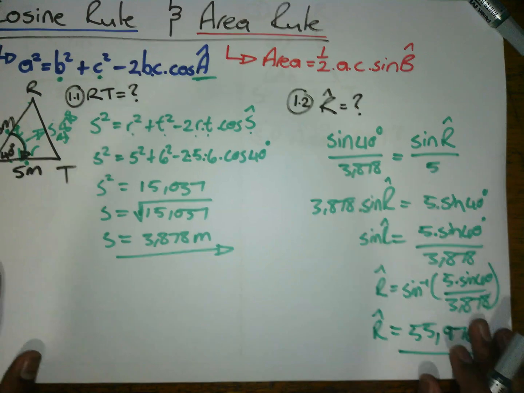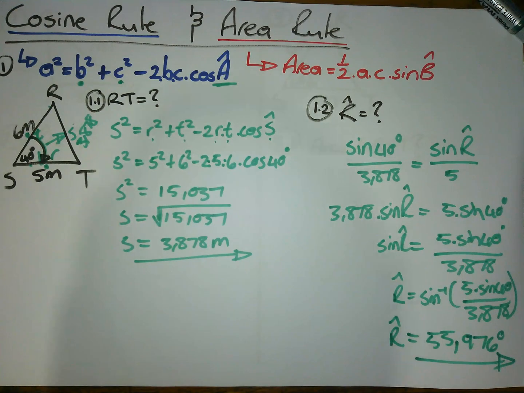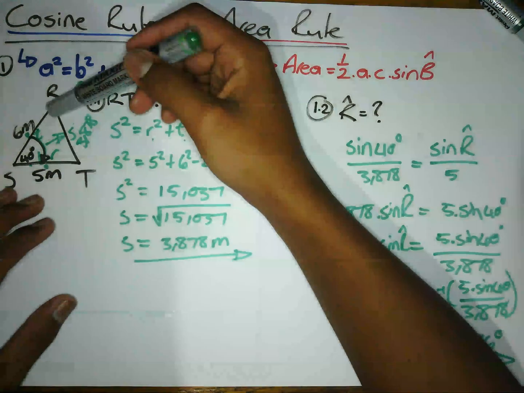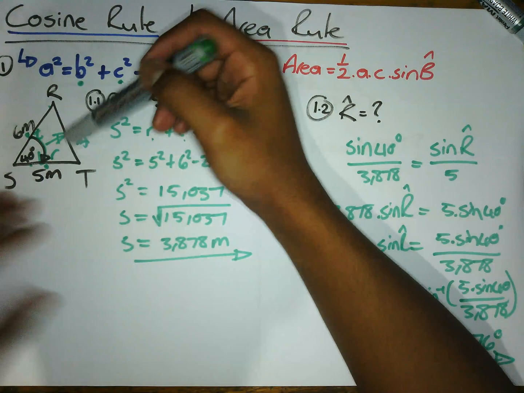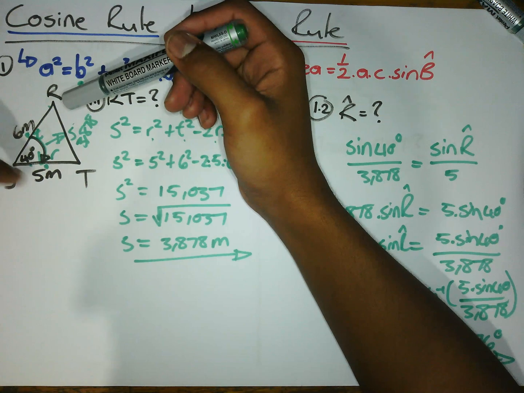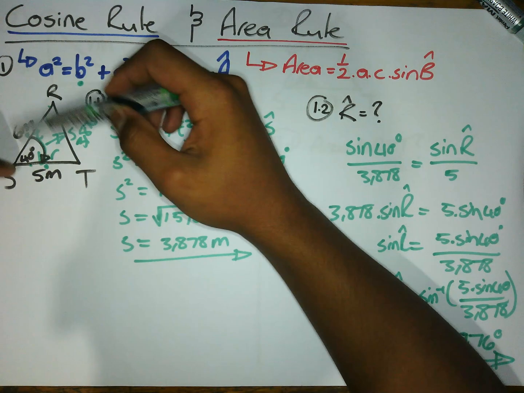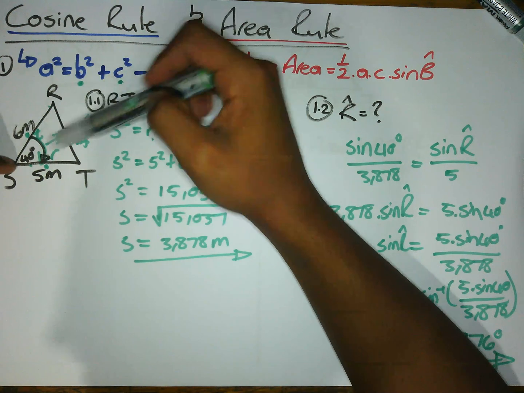Straightforward. For my cosine rule, I use side angle side to calculate this length here. So always it will be the same. You will calculate the length that's opposite to the angle that you have.